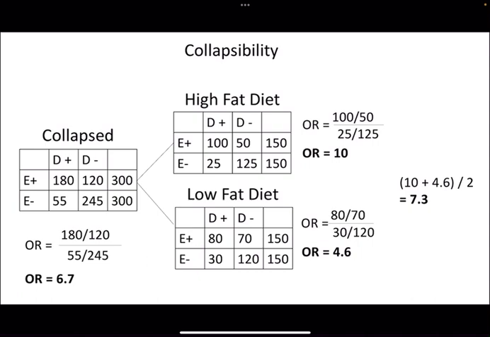So what that basically means is with the odds ratio, this collapsed population level measure of effect, this collapsed odds ratio, isn't necessarily a weighted average of the stratum-specific odds ratios, and sometimes it can even lie outside of the bounds of 10 and 4.6. So here 6.7 is still between 4.6 and 10, but that doesn't necessarily need to be the case with the odds ratio.